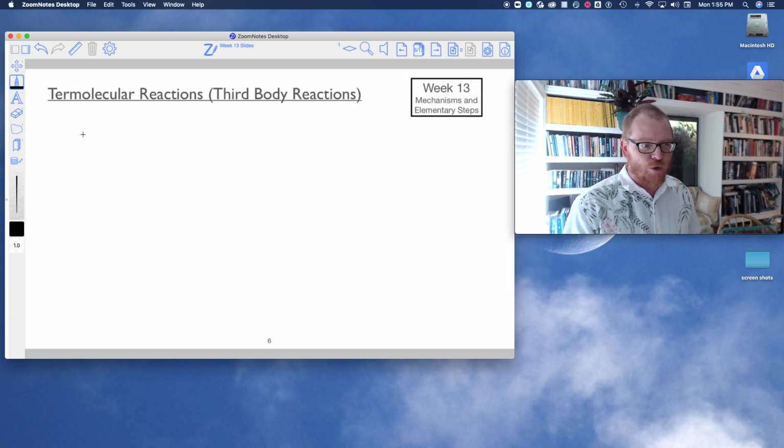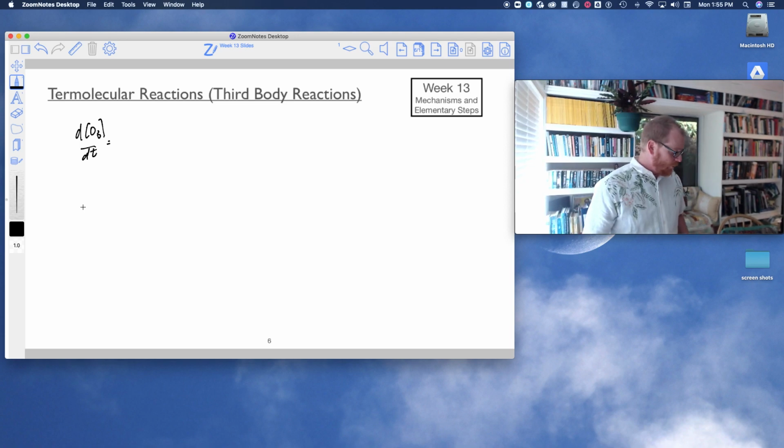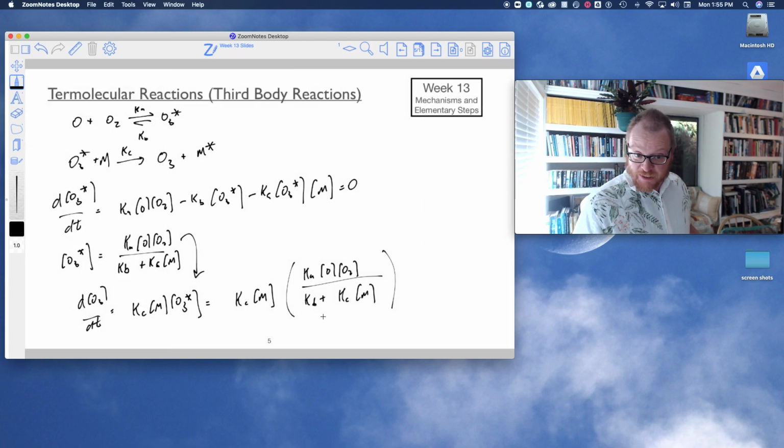So I'm going to rewrite this again, d[O3]/dt, the stable ozone molecule, not the excited state, but the stable O3 product. I'm using the same equation, but doing some algebra and writing it in a slightly different way.